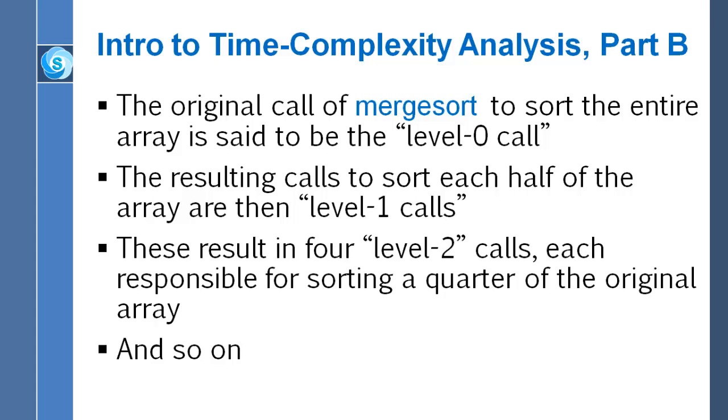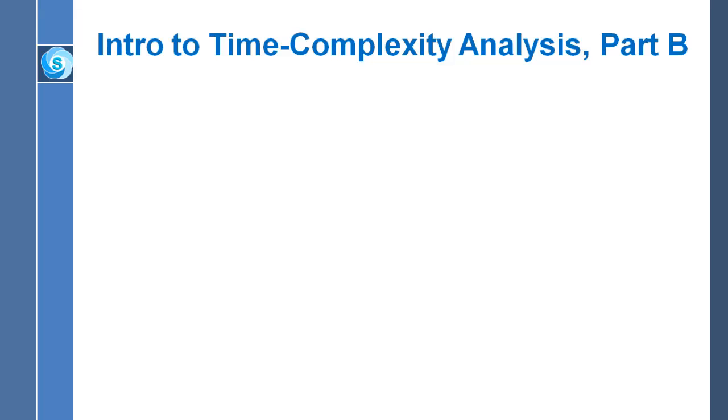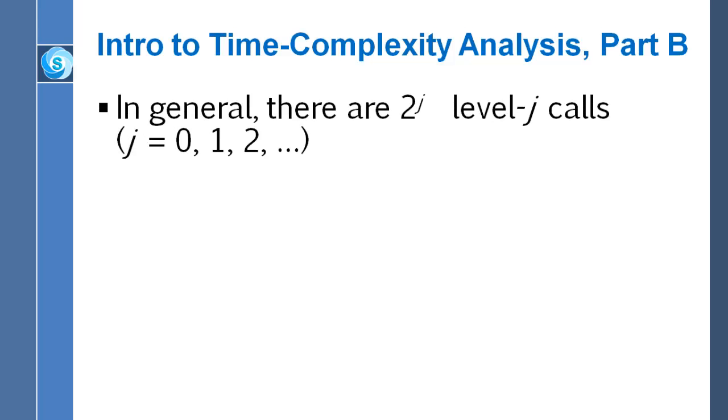So, assuming n is big enough, the 4 level 2 calls will result in making 8 level 3 calls, and those will in turn result in making 16 level 4 calls, and so on. Okay? In general, there are 2 to the j level j calls, where j will be 0, 1, 2, etc. Until we get to the final level.